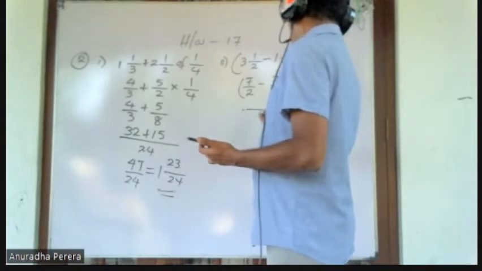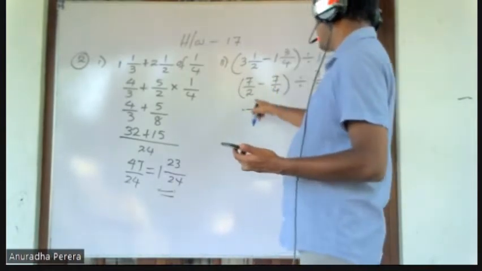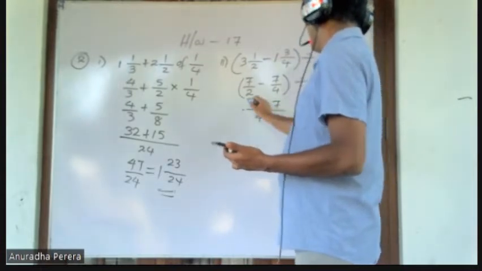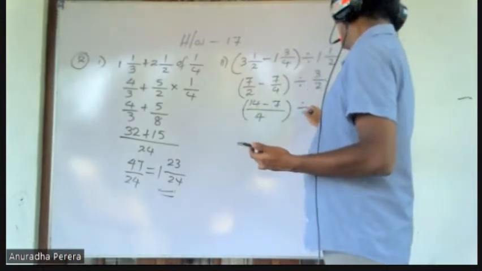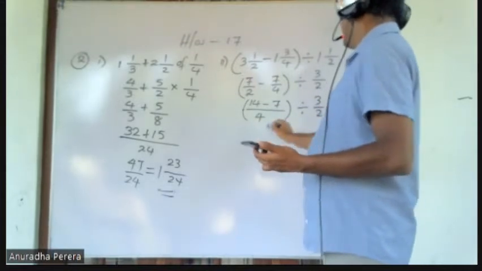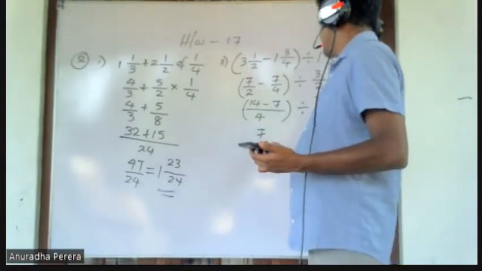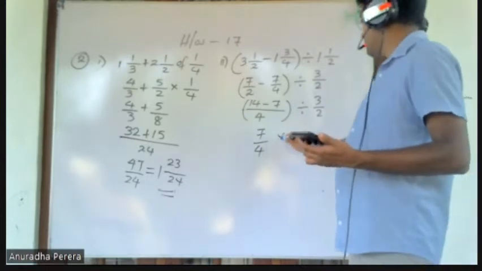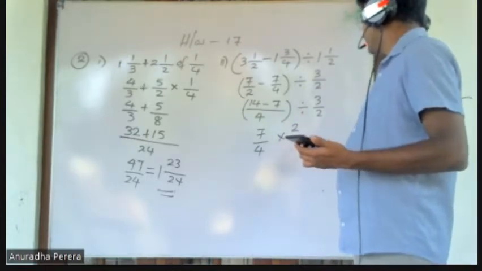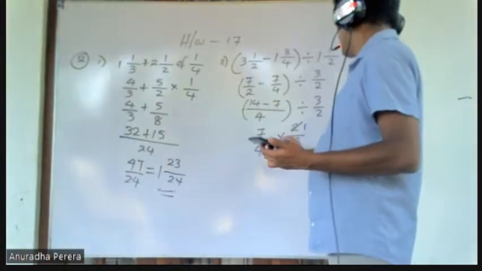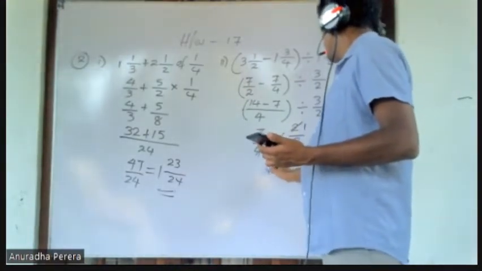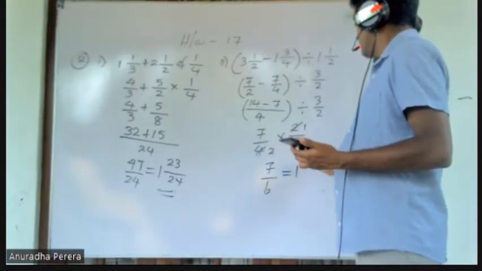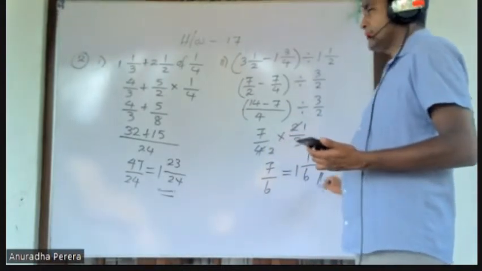Common denominator 4. Then dividing 4 by 2, 2 into 7, 14, minus 7. 3 over 2, 7 over 4. This has to be multiplied by the reciprocal of the second fraction, 2 over 3. You can divide by 2, 7 over 6. As a mixed number, 1 1 over 6.